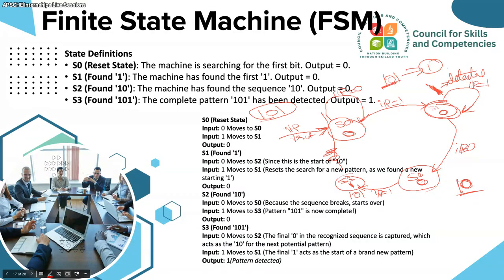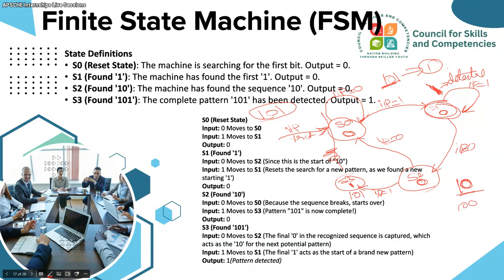Suppose the input is 0 in the S2 state. Please try to understand, in the S2 state, if the input is 0, that means it will become 100, and it is useless. So we will move it to the S0 state.